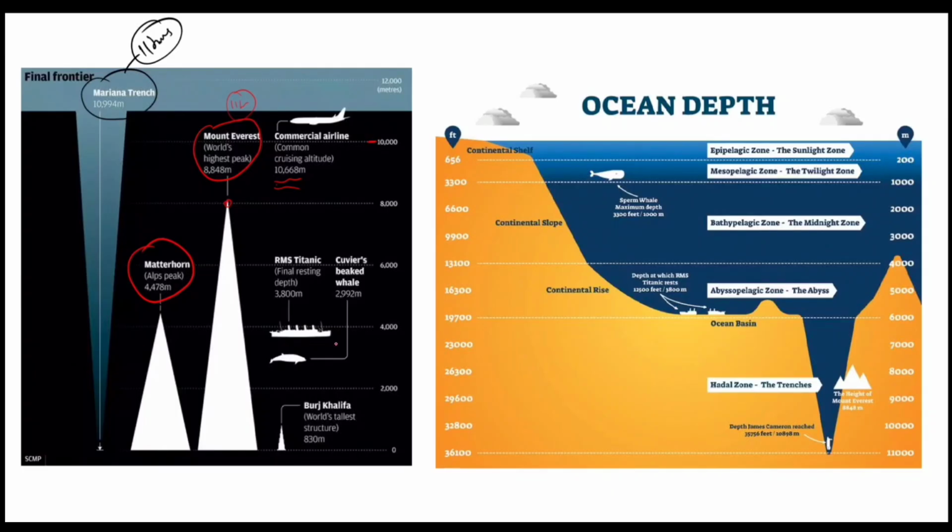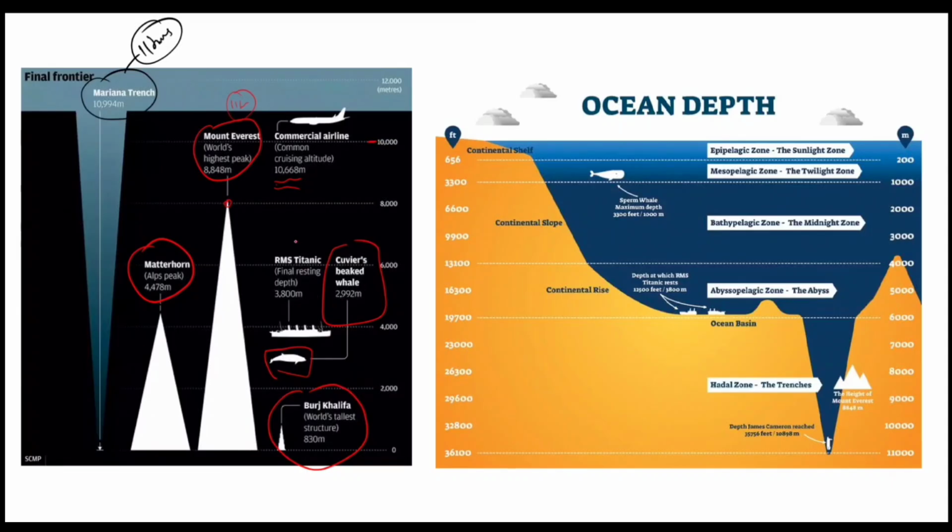Okay. So other things are also shown. Don't need to remember, just for reference I have shown you to make the slides more interactive. And this is the Burj Khalifa, the tallest man-made structure, about 830 meters. And this is the depth at which the sperm whales usually swim. Okay?